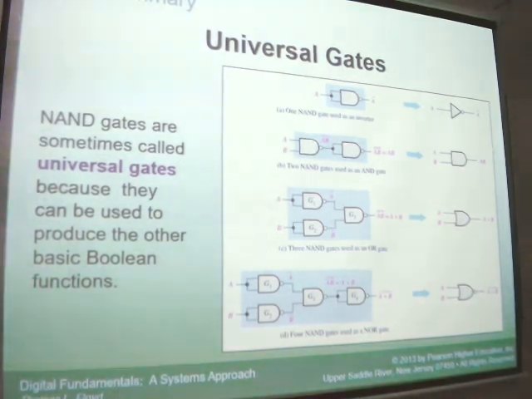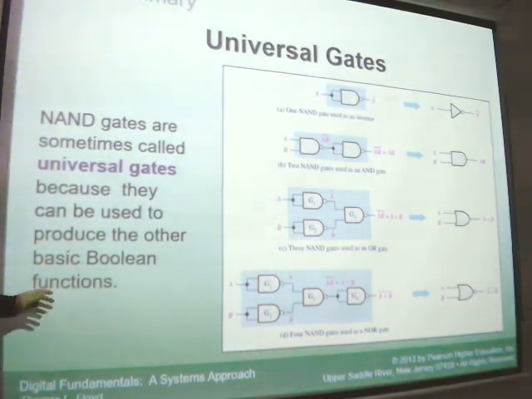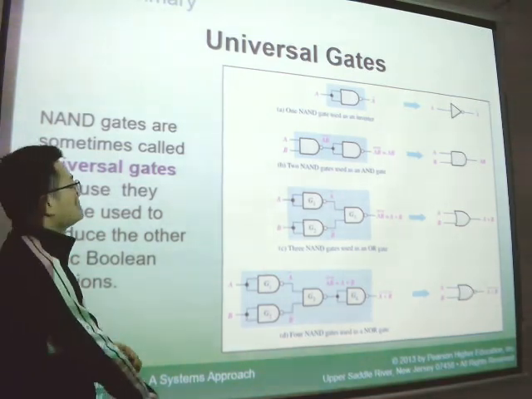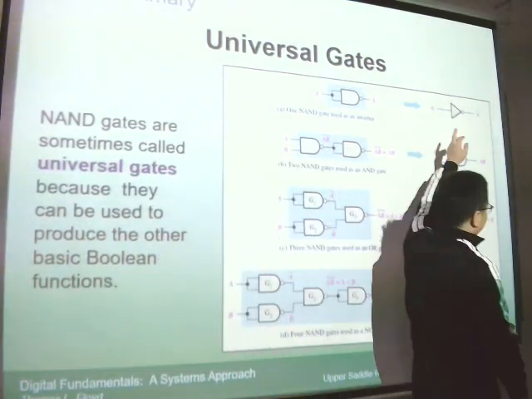Universal gates. NAND gates are sometimes called universal gates, because they can be used to produce the other basic Boolean functions.